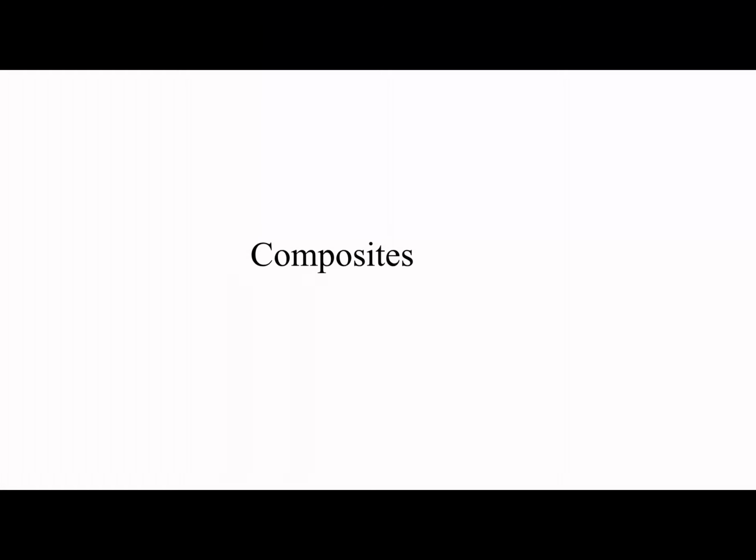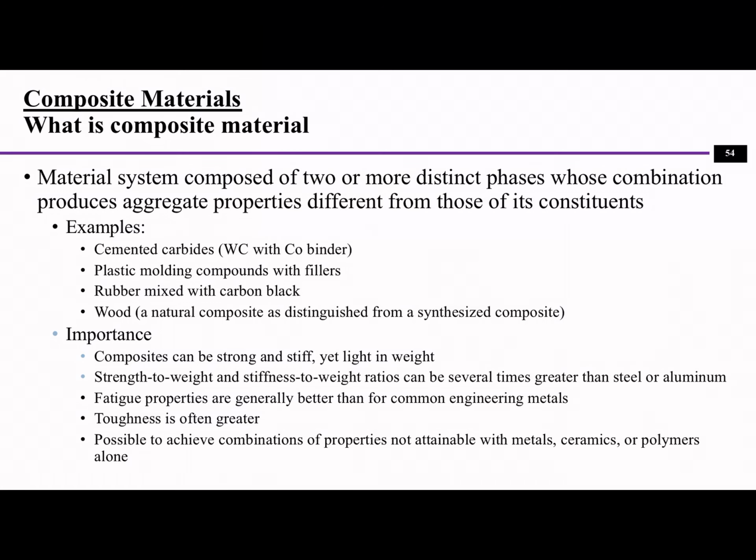Let's look at composites. Composites are usually materials composed of two or sometimes more distinct phases of materials, and those materials usually have different properties.